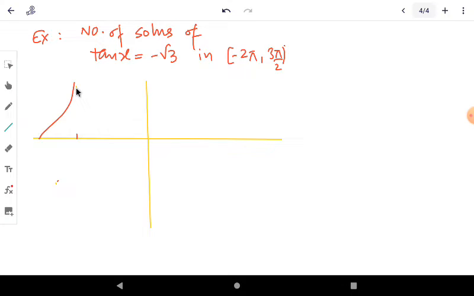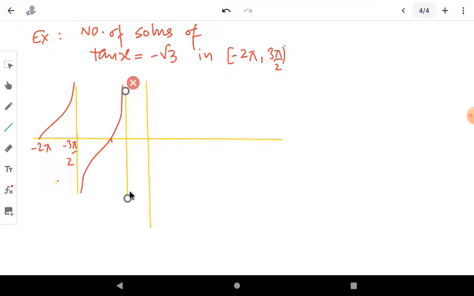So this is the asymptote, minus 2 pi to minus 3 pi by 2, like this, and then from minus 3 pi by 2 to pi by 2, something like this. Then one more asymptote we can draw like this.